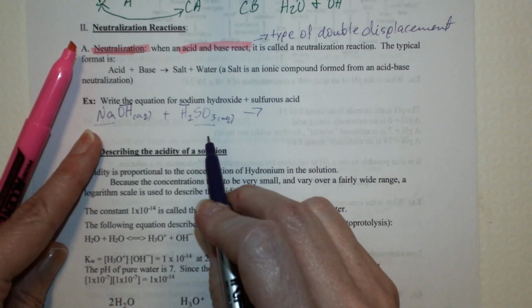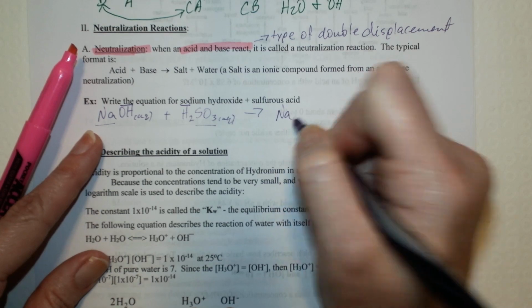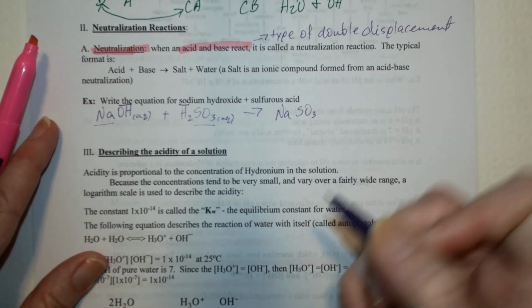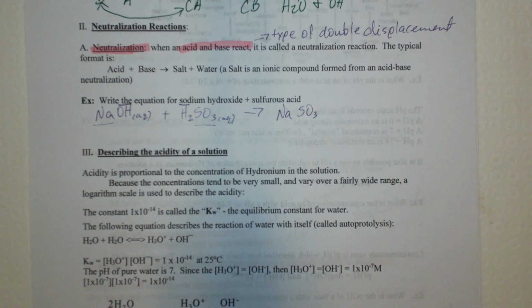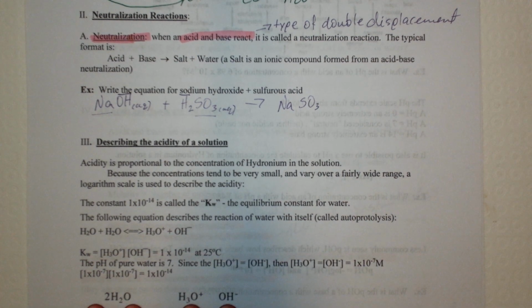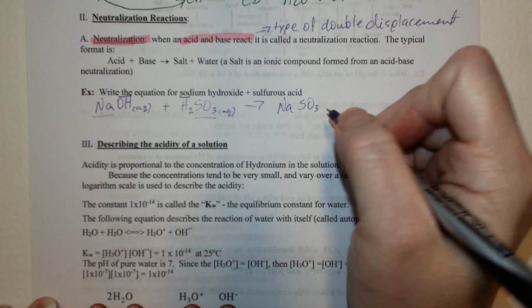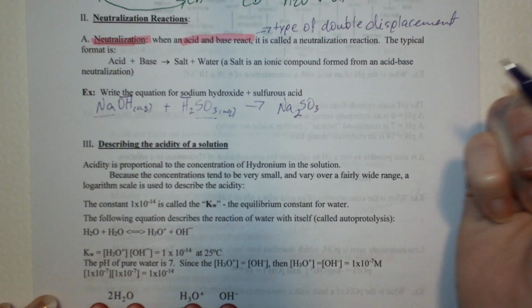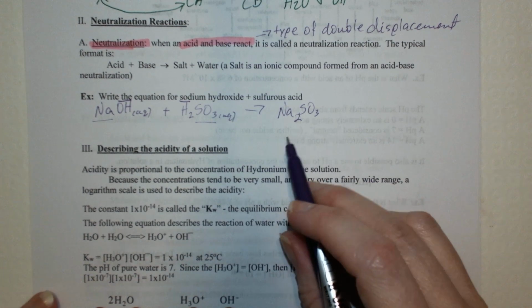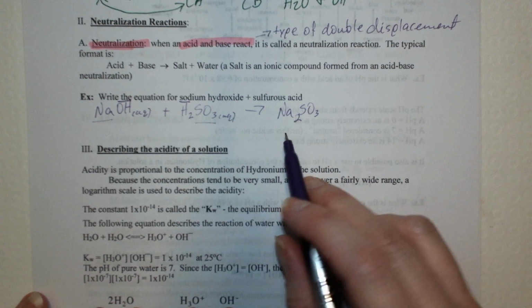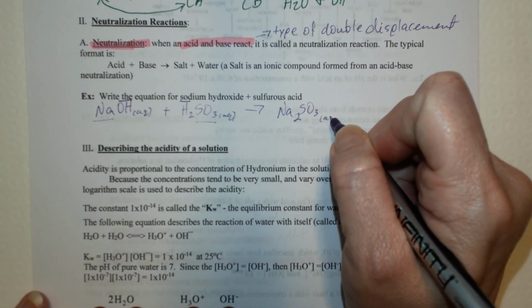So you end up with Na and SO3. Na has a +1 charge, and SO3 has a -2 charge. So Na is +1, SO3 is -2, so you need a 2 on the Na. And if you look it up in your solubility rules, anything with a group 1 metal is always soluble all the time, so that would be an aqueous substance.